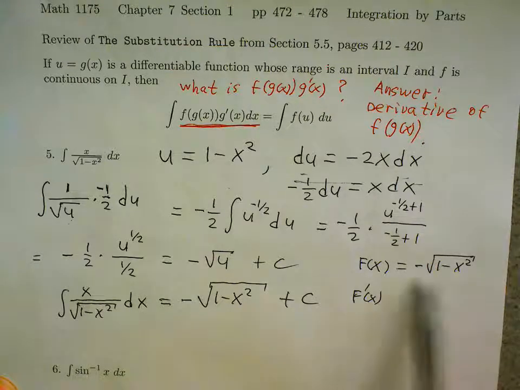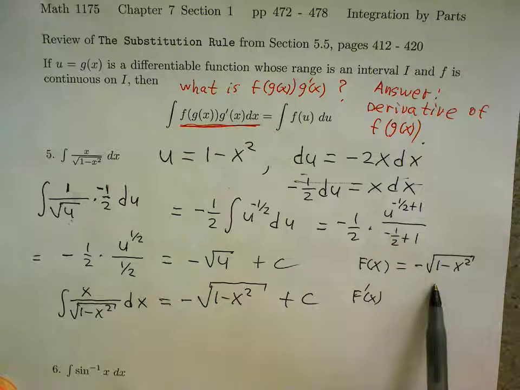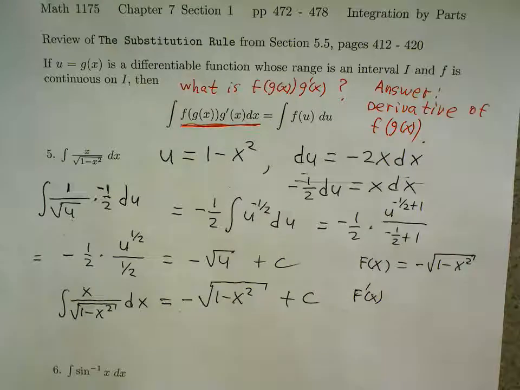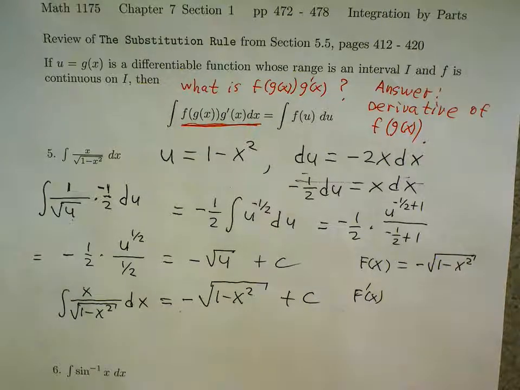So does everyone remember how to find the derivative of negative square root of 1 minus x squared? It involves the chain rule again. I can do it if you want, or, well, let me know if you want to go through that. Let's look at the next problem.